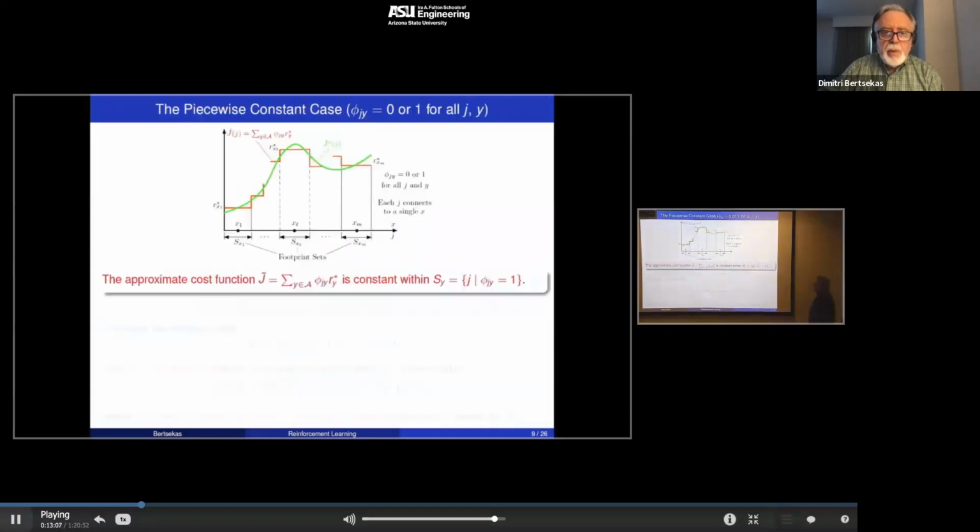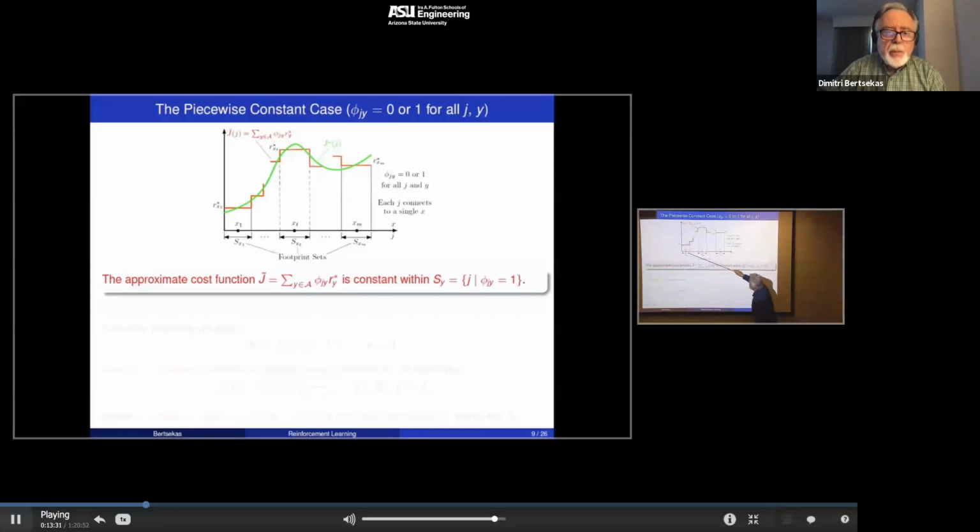And for another picture, now I'm considering again the simple case of piecewise constant, where all the phi's are either 0 or 1. The green function is J star. Okay? On this axis are the states and the representative states.